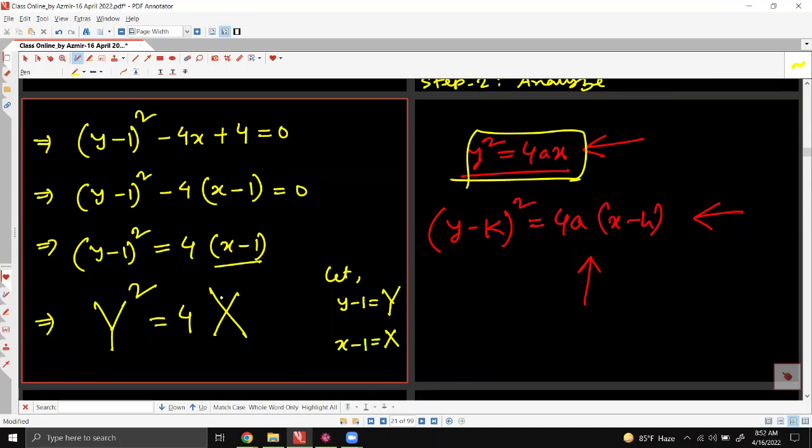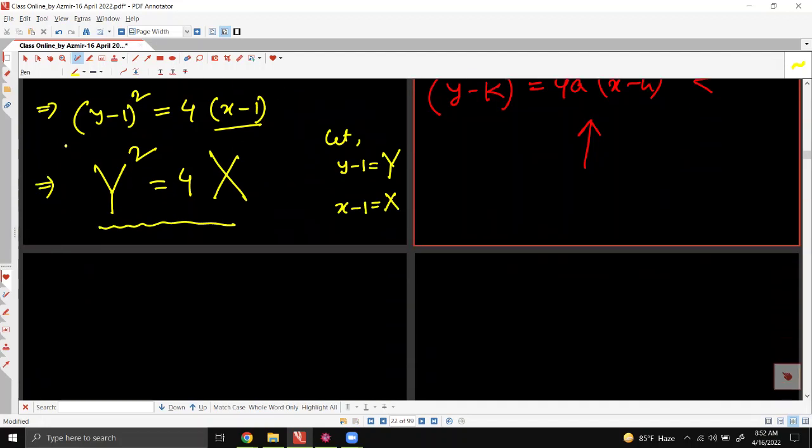Now you can see that this equation Y squared equals 4X is going with 4ax, that is y squared equals 4ax. So here we can easily analyze this equation. You can easily understand that if we multiply 1 here, this equation and the previous equation are the same.